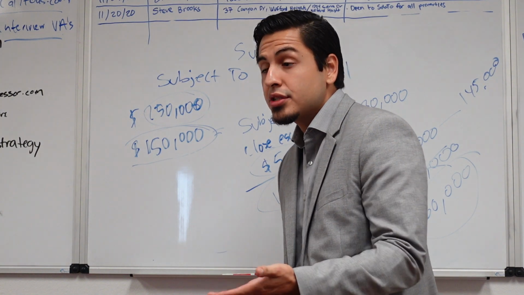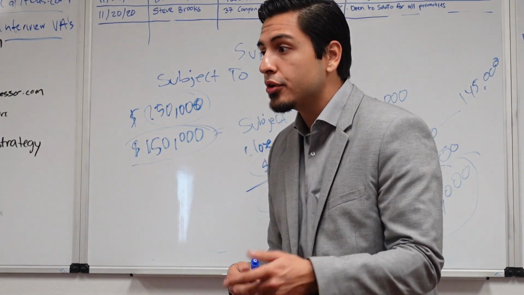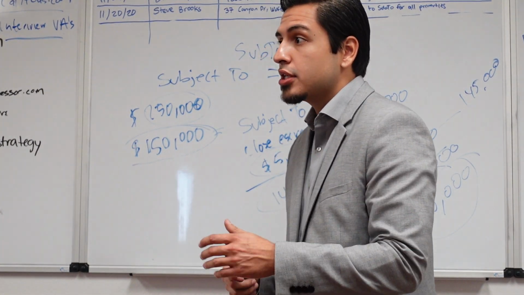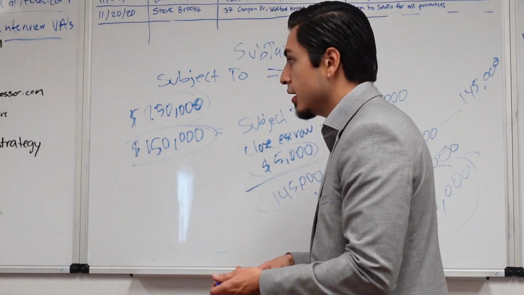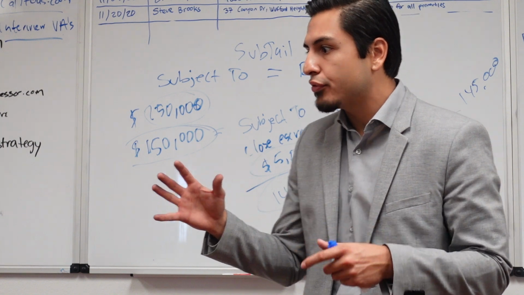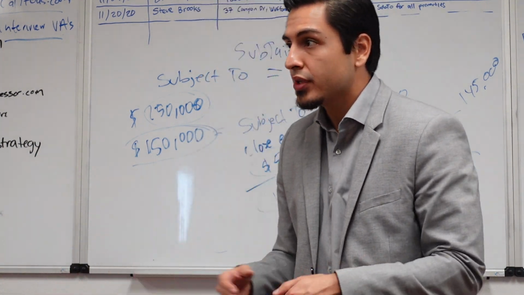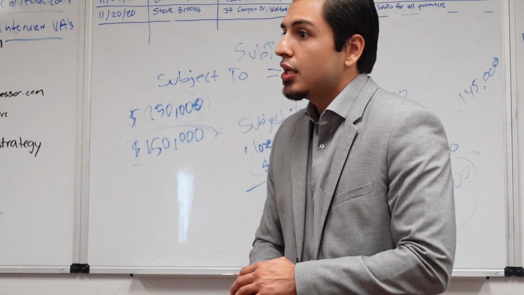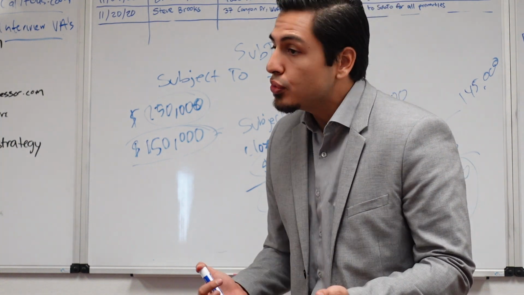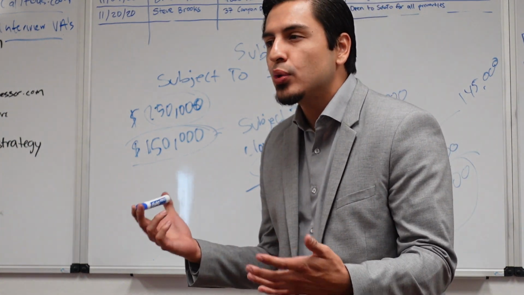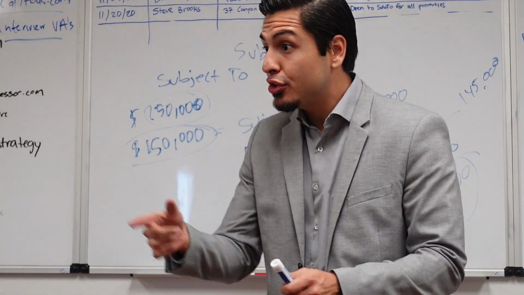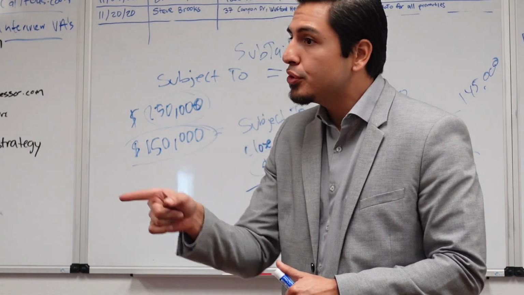There's also a novation agreement. A novation agreement is a partnership that you and the seller agree upon when you become actual partners. Say for example, you have a house for sale for $100,000 and it's worth $200,000. The property needs about $20,000 of renovation, and you were gonna fix it and flip it, but you ran out of money.